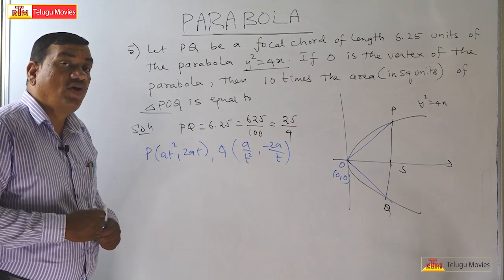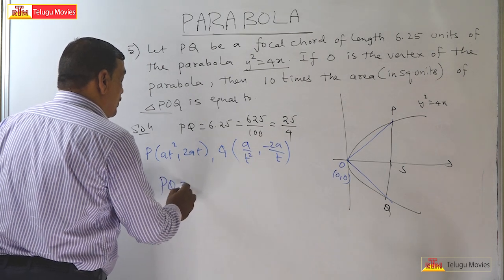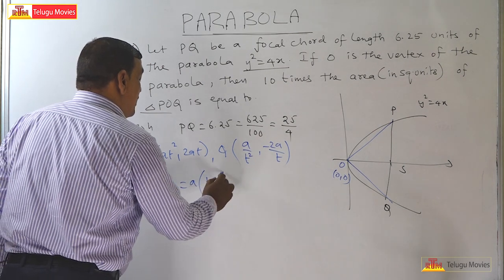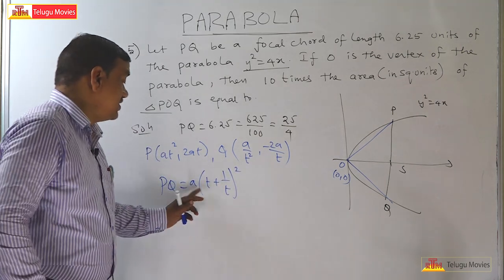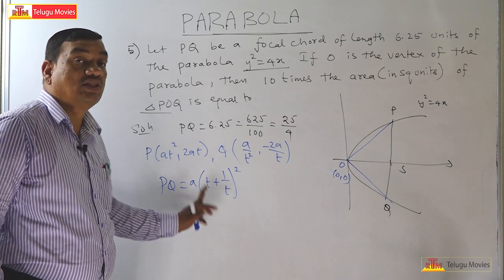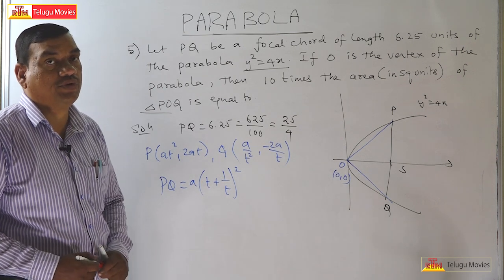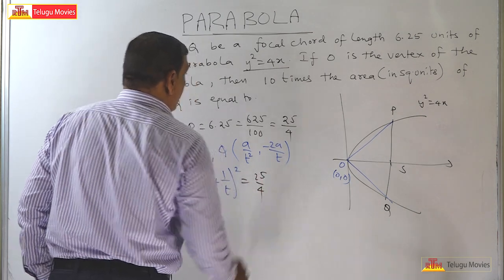One more formula I also told in yesterday's class: the length of the focal chord PQ is equal to a times t plus 1 by t whole square. This is given as 25 by 4.